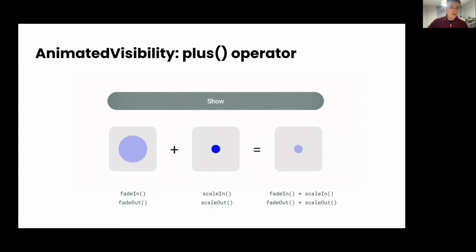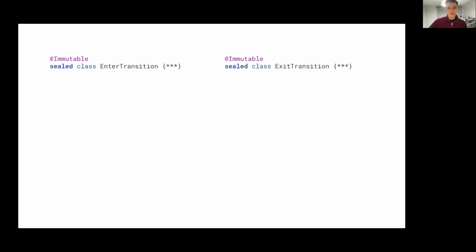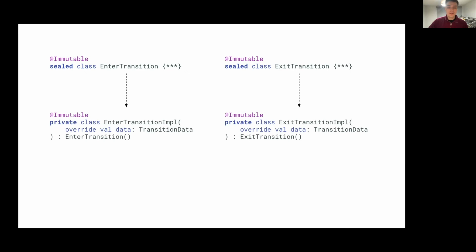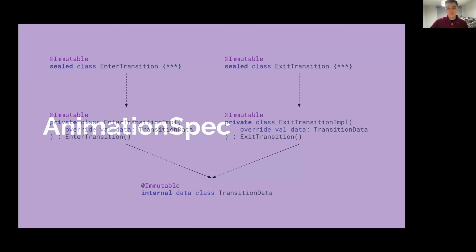But can we somehow customize these enter and exit transitions? If we look at the source code, enter and exit transitions are actually sealed classes. That means that we cannot develop our own implementations other than the ones provided to us by Jetpack Compose. Fortunately, we have a way to customize almost any animation, and this is animation spec.